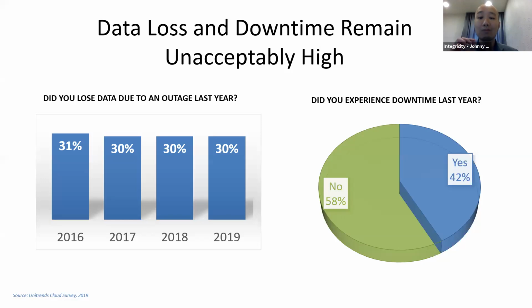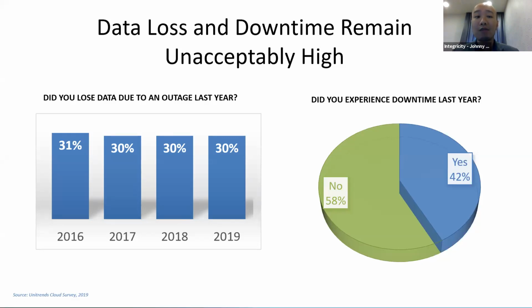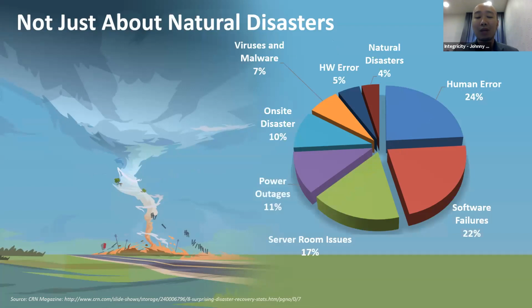But if we purely look at outages, regardless of data loss, the impact is even bigger. About 42% of respondents said that they had outages within a year, and this was last year, 2019. When you talk about backup or disaster recovery, you always think about natural disasters. But the statistics show it's due more to other issues.